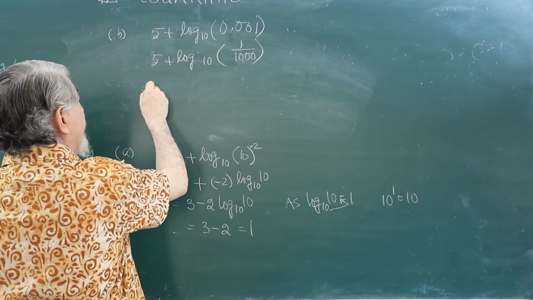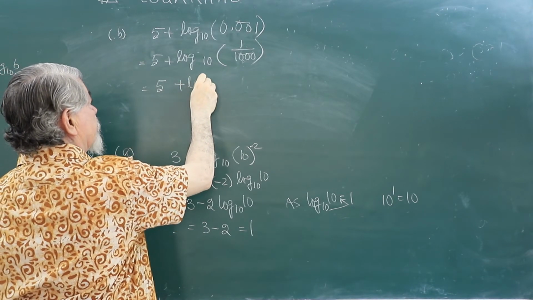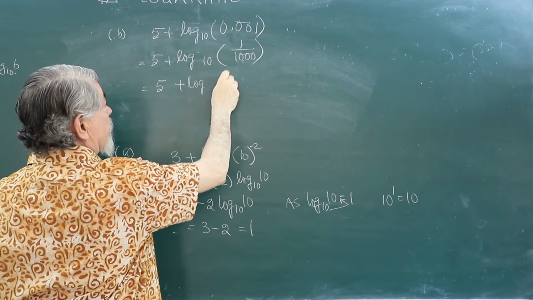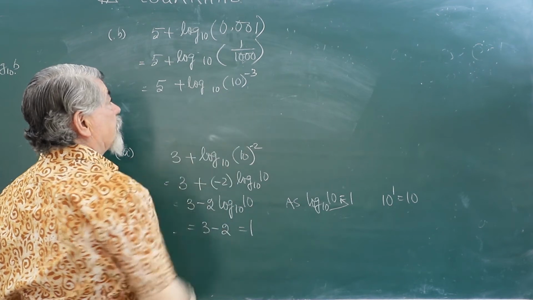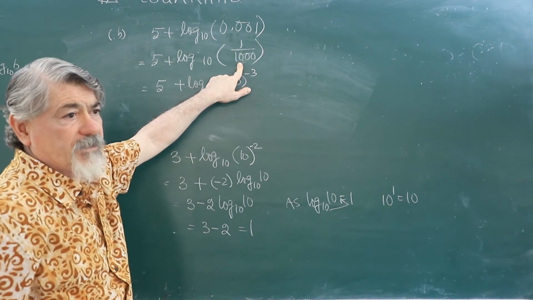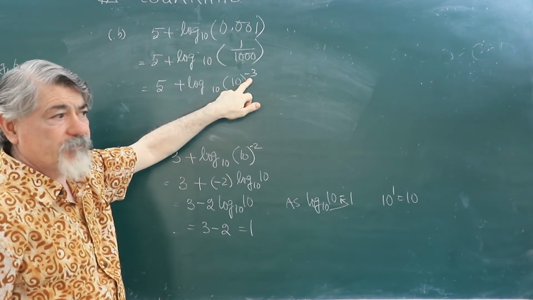So it will become 5 plus log, this will become 10 to the power minus 3, because in the denominator it will be 10 to the power 3. When I take it to the numerator, the sign of the index will change.